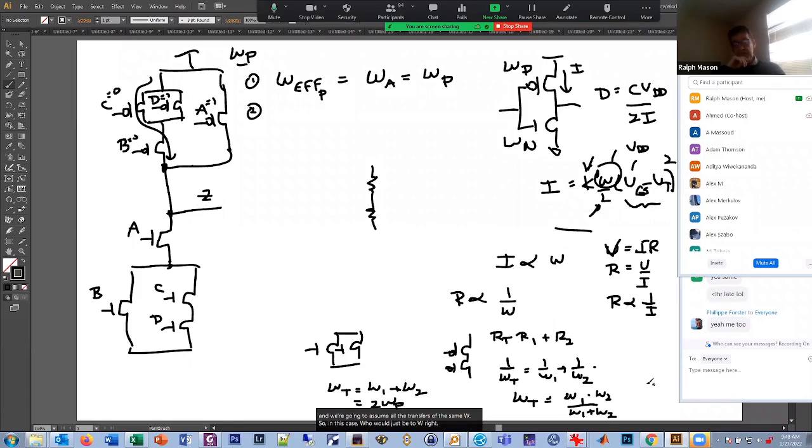And in this case, if I had them in series like this, this goes like WP squared over 2WP, right? Which just cancels there, and you just get WP over 2, right?